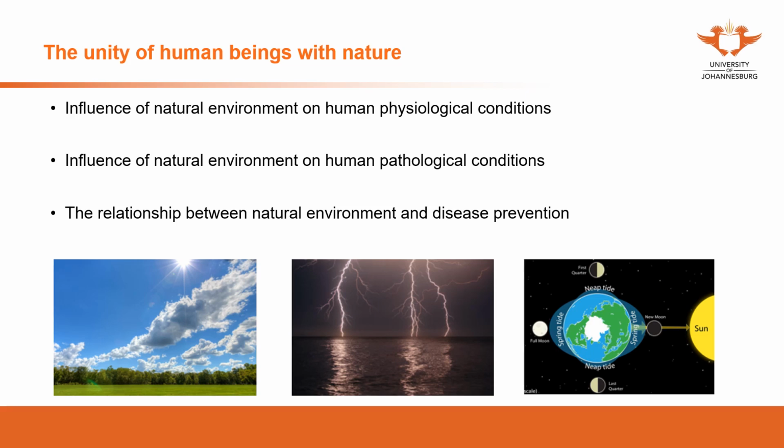For instance, someone who lives closer to the coast, closer to the sea, eats a lot of seafood. Sometimes they eat more salty food. More salty food can cause high blood pressure. So in those kinds of natural environments, they are more likely to have certain diseases. So this is the human being with nature.